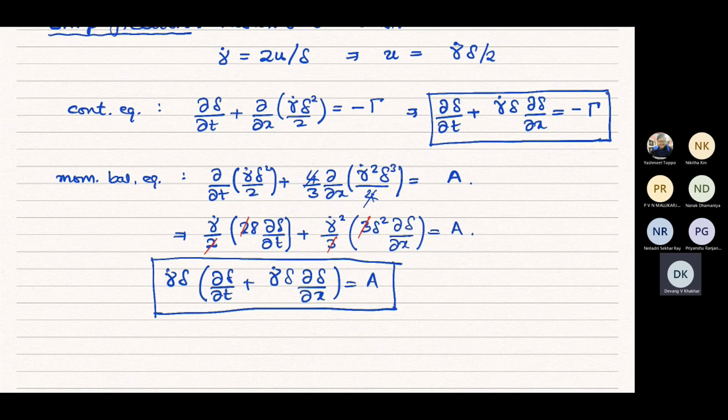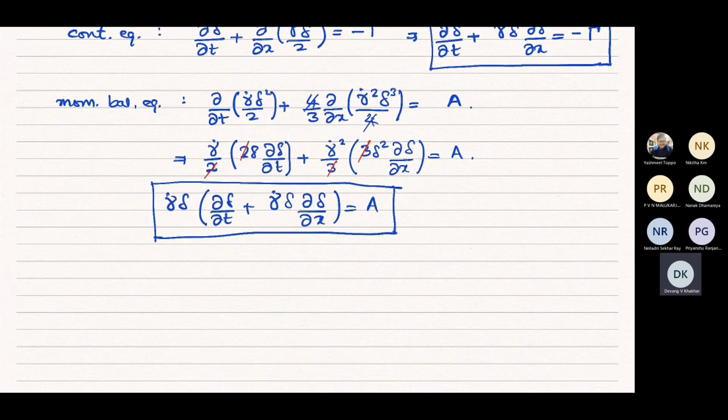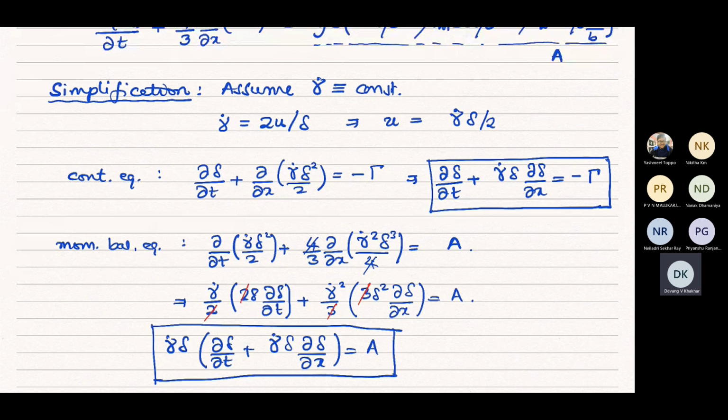Now what is interesting is that this term inside the bracket is just equal to this. So now I can substitute that for minus gamma. So I'll get minus of gamma into gamma dot delta is equal to A. Now what is A? A is all this stuff.